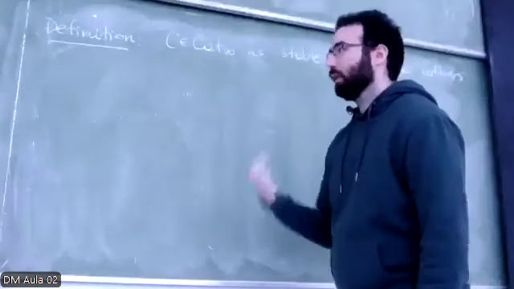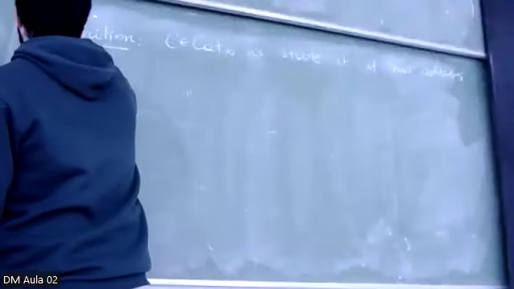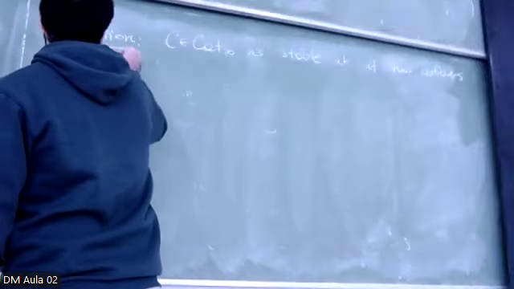In particular, you can always define suspensions, and you can prove that the suspension construction actually defines an endofunctor. So you map X to the suspension of X, and this can be done functorially, because in general the co-limit construction is functorial. And you're asking for this to be an equivalence.